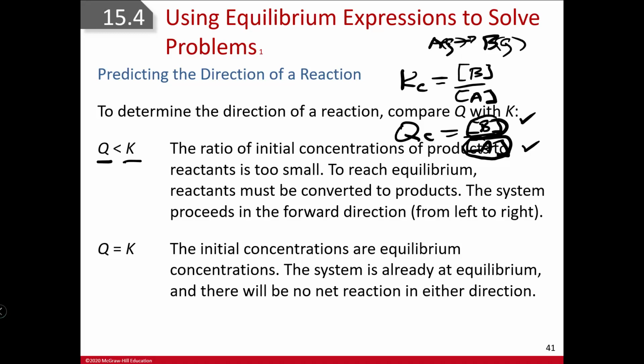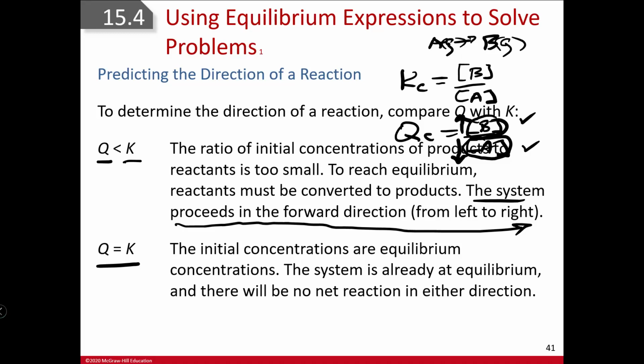But either way, when Q is less than K, that means B is going to have to increase and A is going to have to decrease to get where Q is equal to K. So in this case, you know that the system, the reaction, is going to proceed in a forward direction from left to right. So here's what you're going to hear over and over when we're talking about this. You're going to say the reaction proceeds in the forward direction.